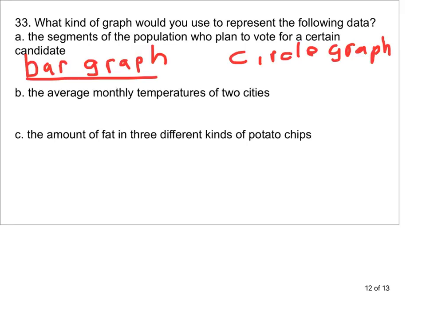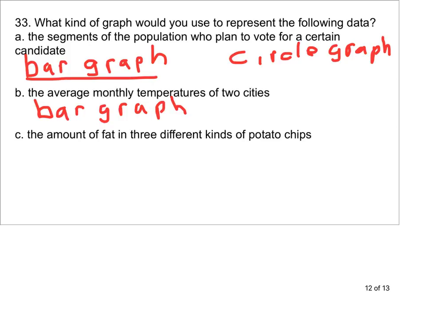Average monthly temperatures of 2 cities. I think a bar graph would be best there. A line graph might be kind of okay, but if we do a line graph, we're looking at monthly temperatures.